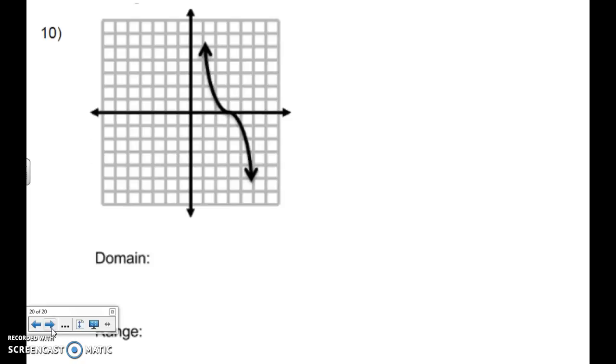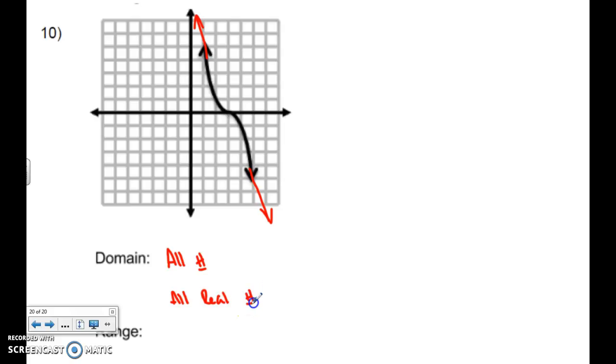Now let's look at this one. It looks like it's going up and going down. So what I'm going to say about this one, and I know this is a little tricky, I'm going to say it's all numbers. Okay, more specific, it's all numbers, or some people call it all real numbers.